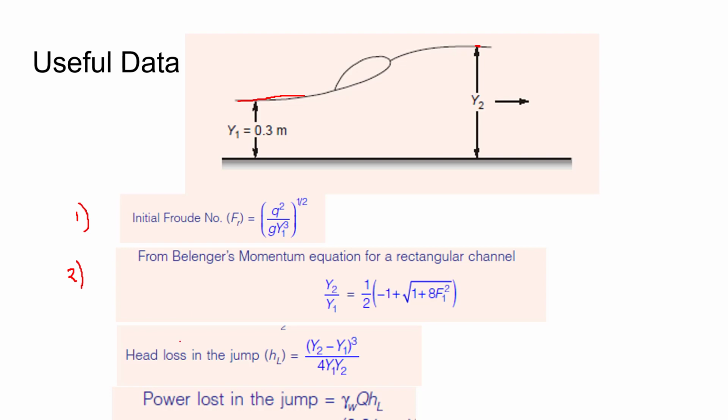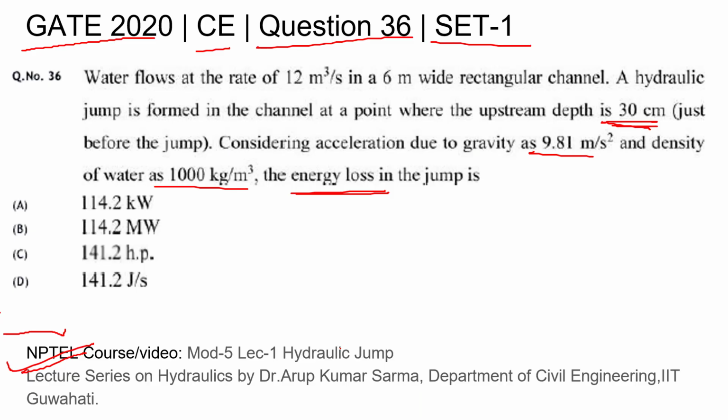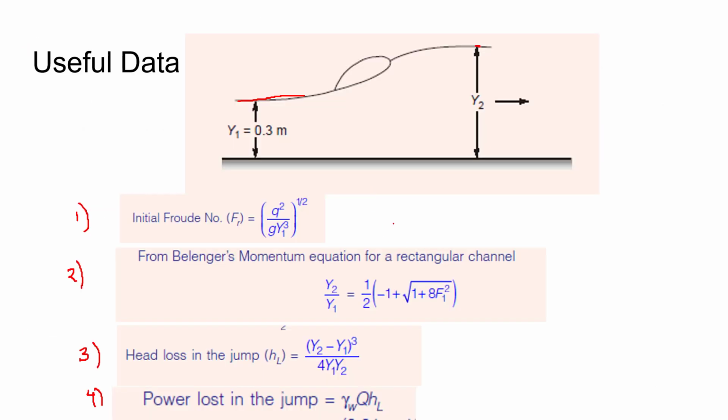After that the head loss formula is the third formula which will be required, and the last formula which will give our answer is the power lost in a jump, or energy loss in a jump, right? So we have to calculate each and every value from this formula. At the end of this PPT, you will get your final answer. Let's try to solve the question, right?